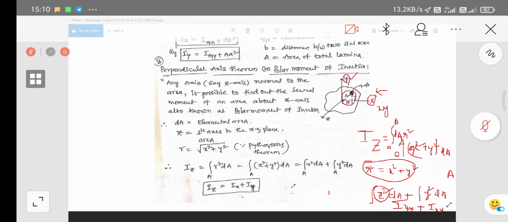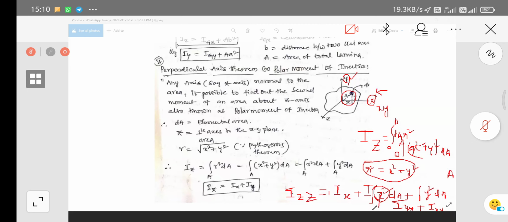From the perpendicular axis theorem, we know that the moment of inertia about an axis perpendicular to the plane is equal to the algebraic sum of the moments of inertia about the two particular axes, Ix and Iy.